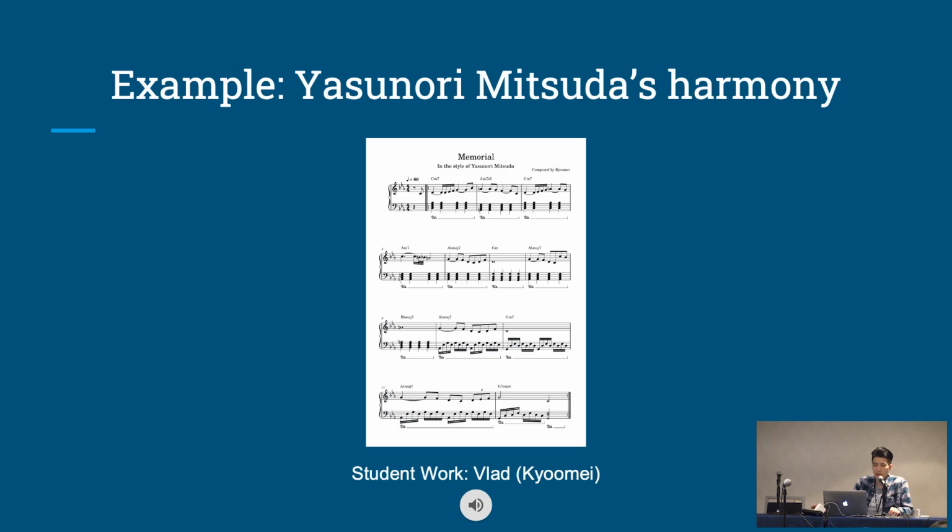So this is an example of student work writing a chord progression inspired by Yasunori Mitsuda.